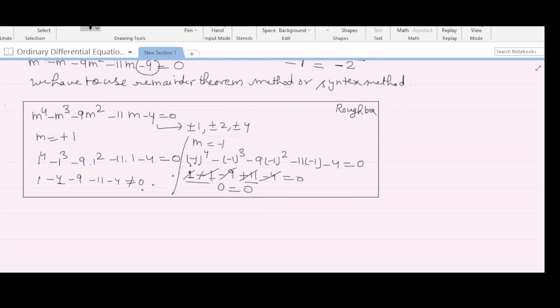So here we can see that if we count equation number 2, m equal to minus 1 will be the root of equation 2.